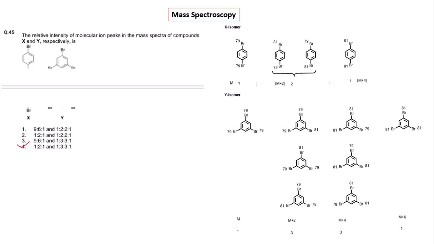This is the mass spectroscopic phenomenon, where we consider the different types of bromides in case of the dibromo system and in case of the tribromo system. In case of the dibromo system, the two most abundant isotopes are 79 and 81, and these two bromines may be present as the 79 peak.